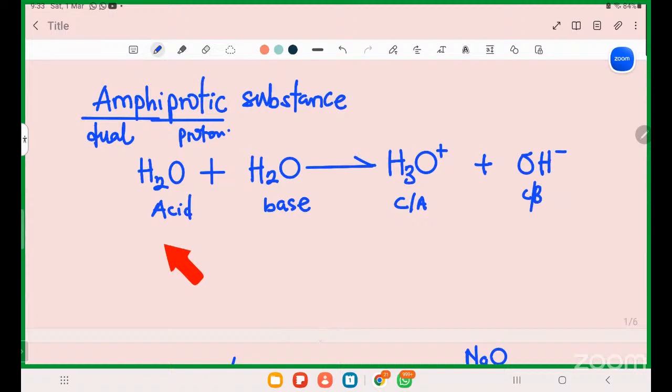Which is why we said it is amphiprotic. Water is an example of an amphiprotic substance. I think ammonia is also another example of an amphiprotic substance. Did I answer your question, Jerry?